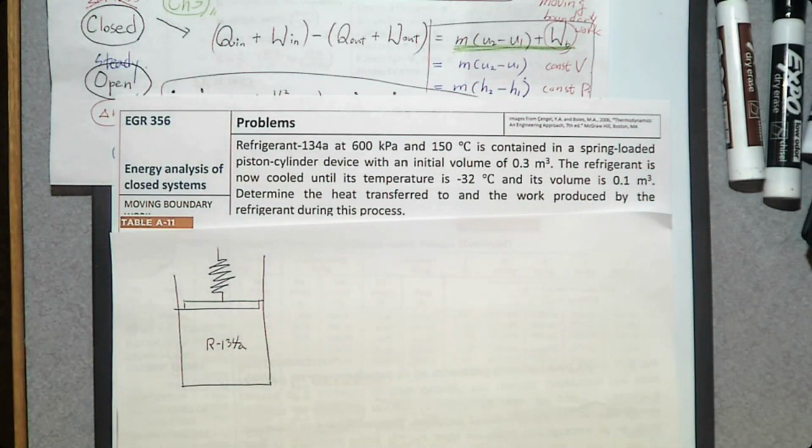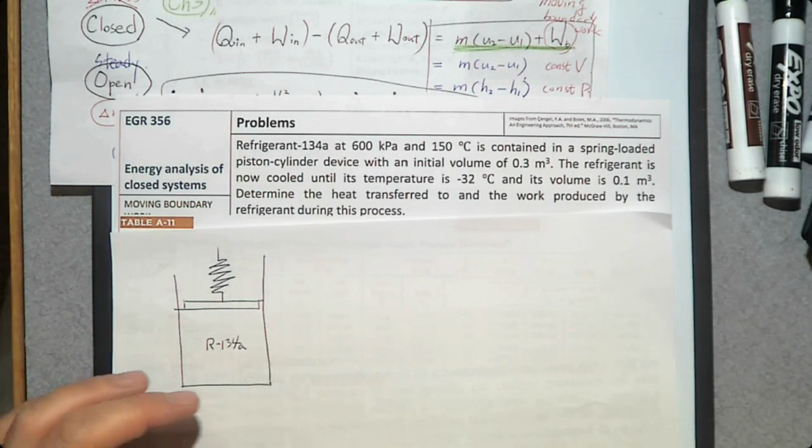So which one is our system? Spring, piston, cylinder? No. This is our system, right? What about the surrounding? No, the surrounding is going to be outside. So we want to determine heat transfer, energy transfer between our system and the surroundings. That is how we design a thermodynamics problem.